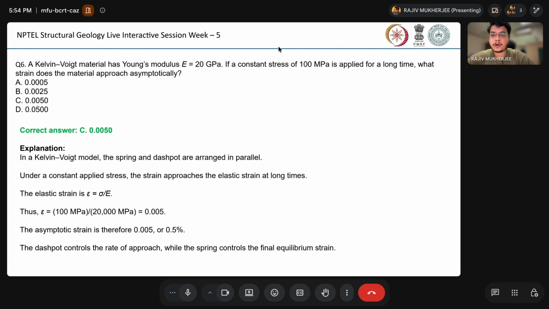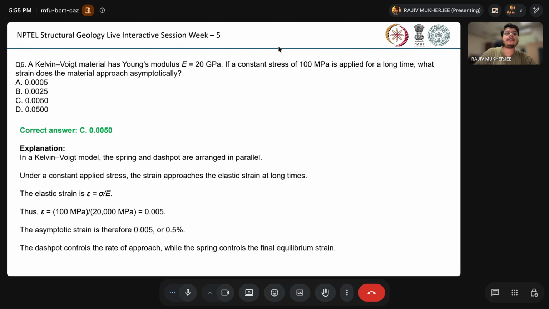So the dashpot controls the rate of approach while the spring controls the final equilibrium strain. The final strain is dictated by the spring, but the rate of deformation is controlled by the dashpot, because ideally a spring, which is elastic, is rate independent.